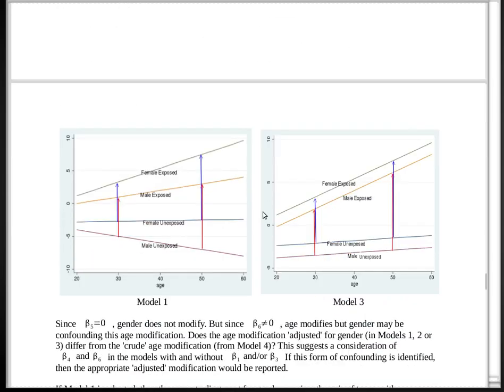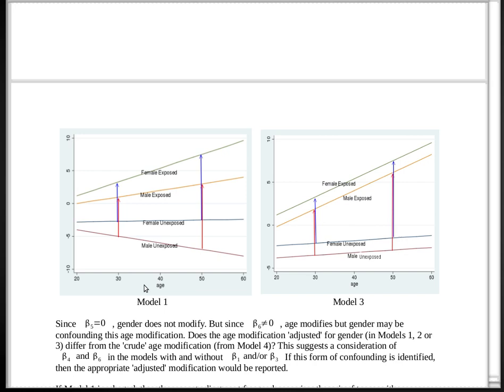Let's look at model 1 here. Now, it isn't entirely clear, but the point being here is that gender does not modify. So what we need to do is conceptualize the impact of age for the men and the women.